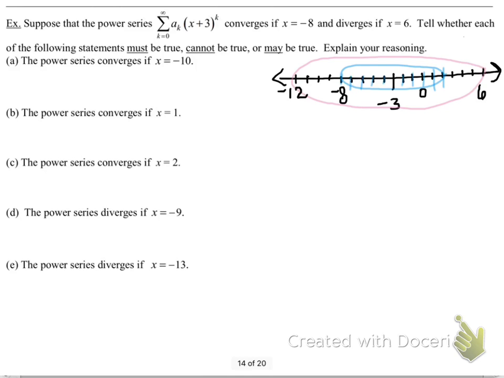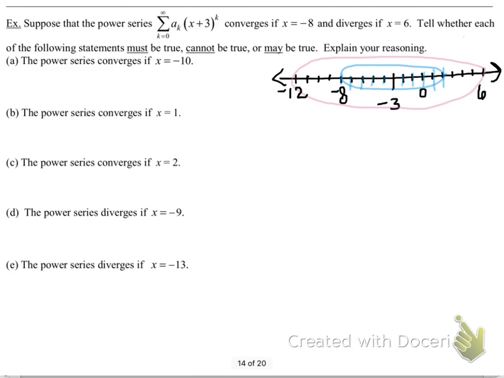Well, that may or may not be true because it is bigger than that smaller radius that we know for certain is part of the interval of convergence. But it is smaller than the place where we know for sure it diverges.